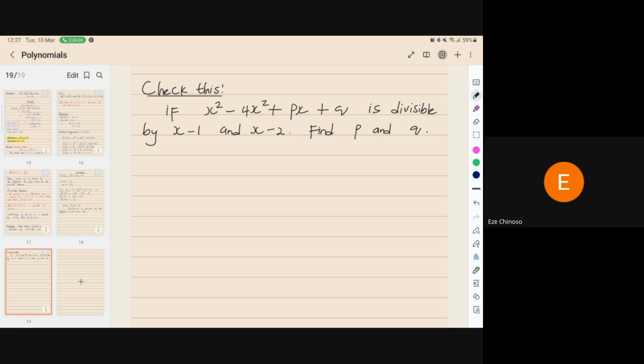That's clear. Then x equals 1, so 1 squared minus 4 bracket. So what do you have?